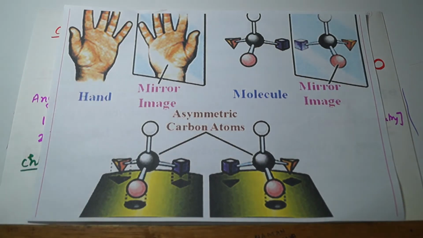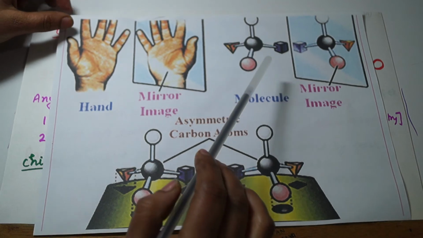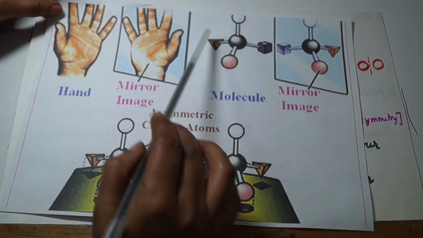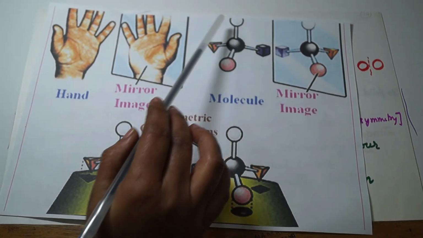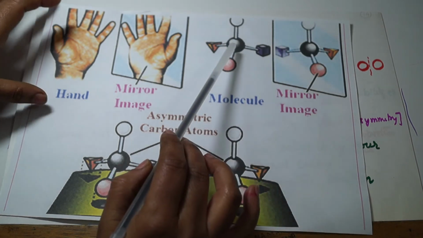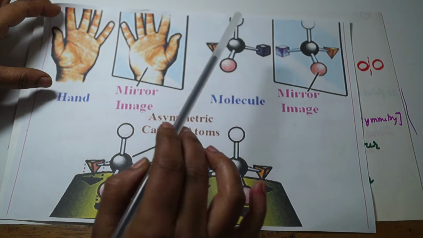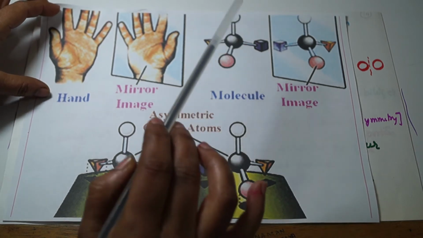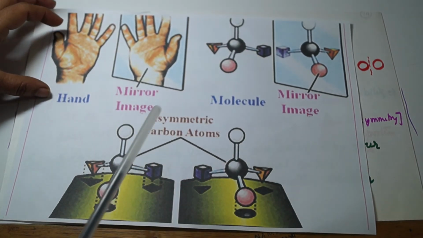And if you look at the molecule, this is a carbon atom having four different valencies. Its mirror image will not superimpose on this molecule. It is also known as a chiral molecule.